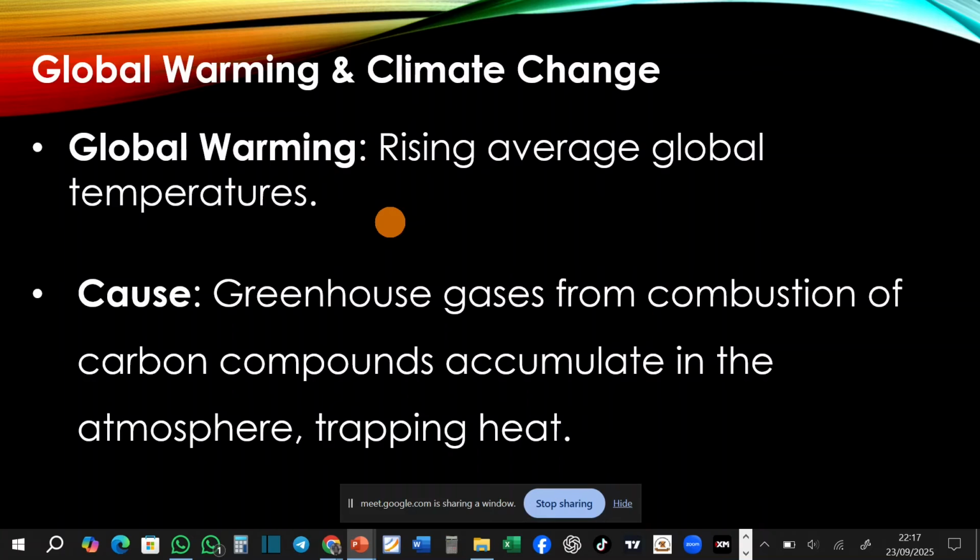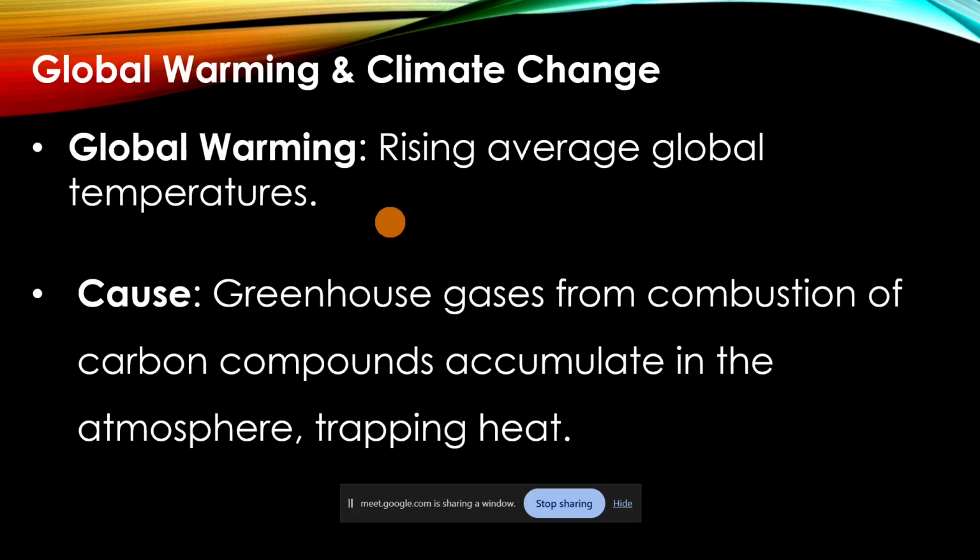Global means earth. In chemistry or in science, when we say global, we are referring to the earth itself, because it is considered to be spherical or round. So we refer to it as global. And when we say these chemical industrial activities cause global warming and climate change, global warming is the rise in average global temperatures.